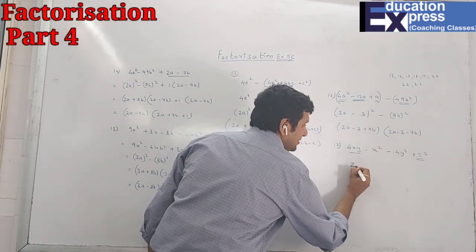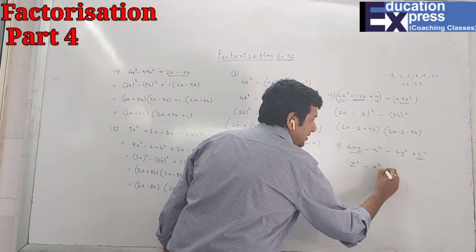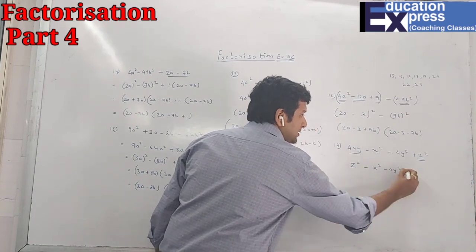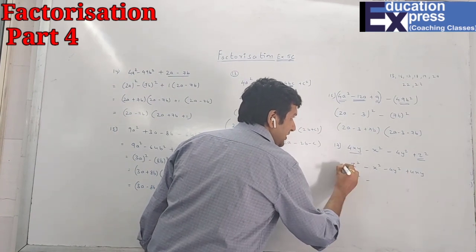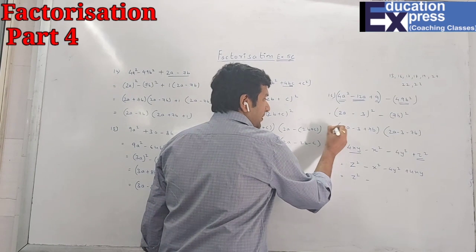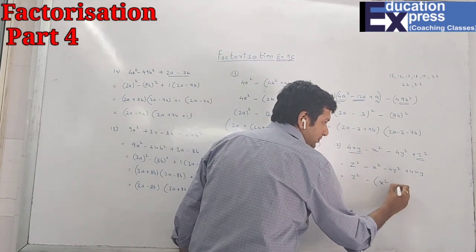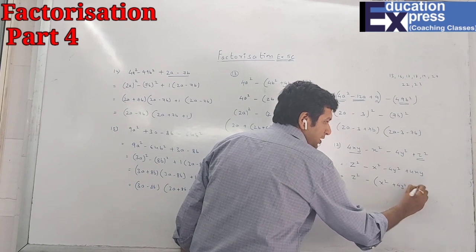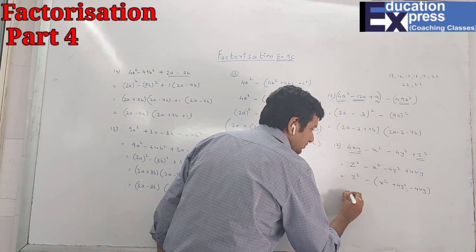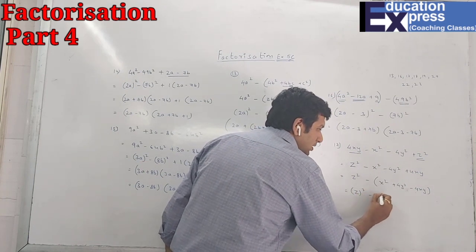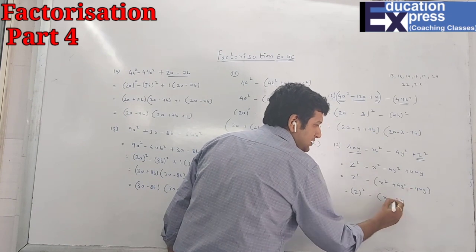So first I'll write z square and then all the negative members: minus x square, minus 4y square plus 4xy. So here, if I take the negative sign as common, all the signs will change. So minus will become plus, plus, and this will become minus. This is z square, this is x square, this is 2y square, and the number which doesn't have a square is negative.